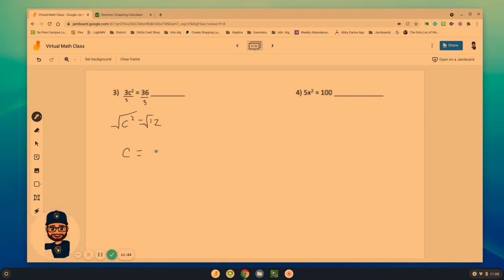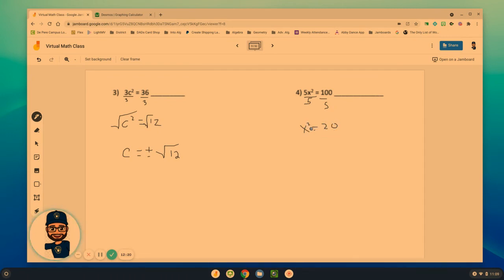So when that happens, we're just going to leave it as square root of 12, but we have to put in front this plus minus sign to show that we have the positive square root of 12, which is like 3.4, or the negative square root of 12, right? So when we can't find it evenly like we have been able to in the past, we're just going to leave it.